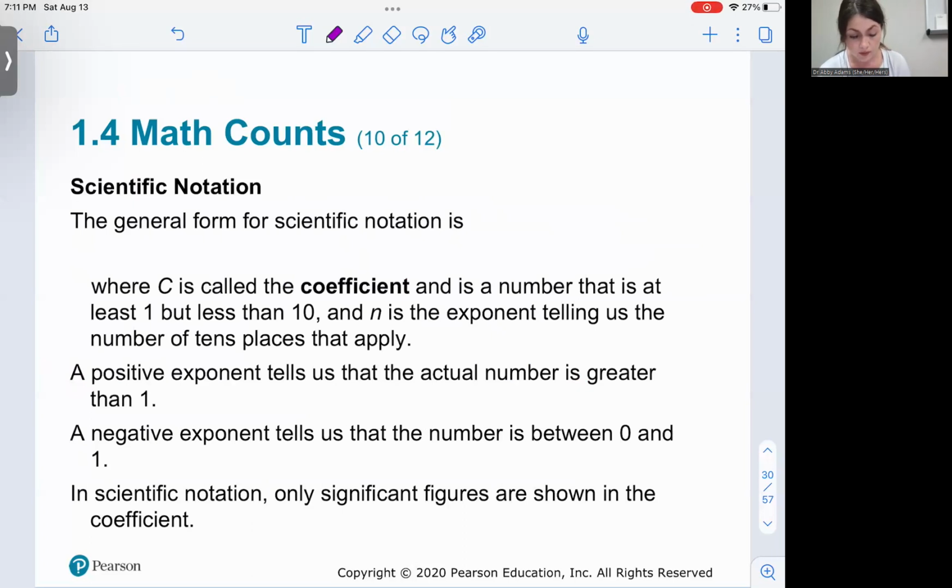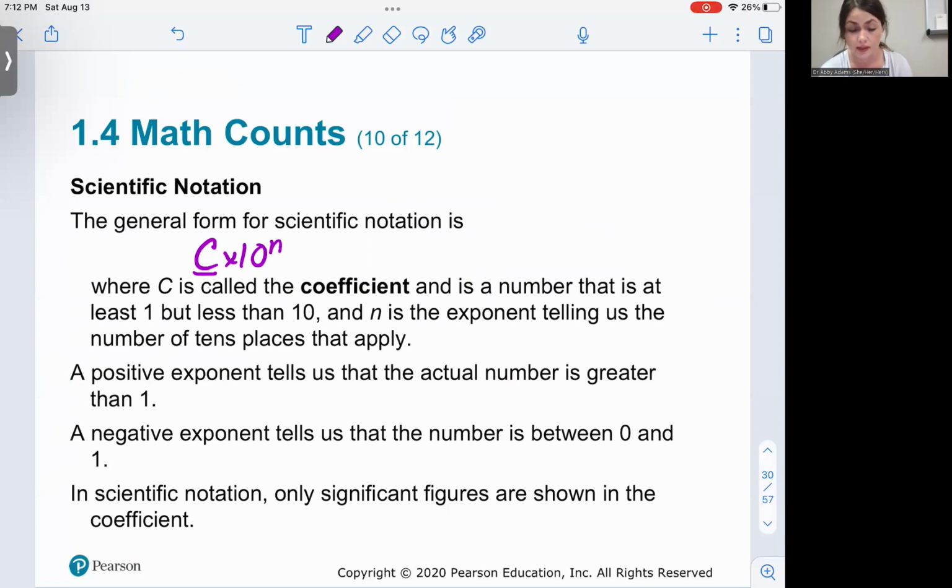So another thing that we do, speaking of large numbers, is to write numbers in scientific notation. And you've probably seen this before, but maybe you didn't know exactly what it meant. The general form for scientific notation is, for example, C times 10 to the n. Okay, so C is the coefficient here, and it's always going to be at least 1, but less than 10.